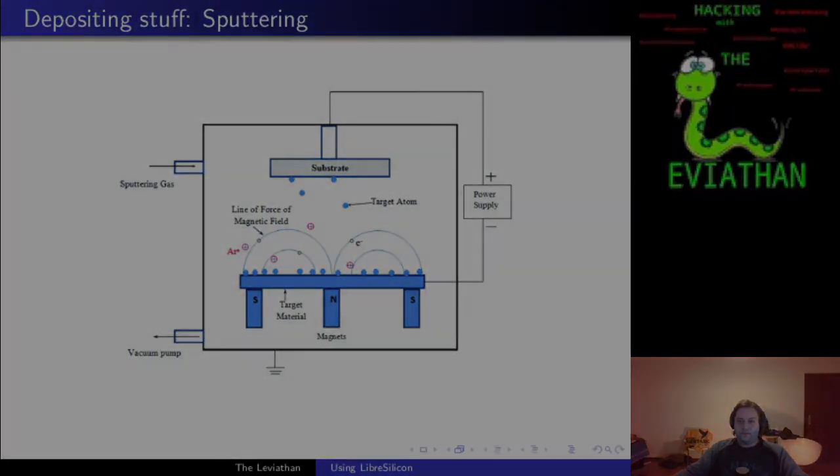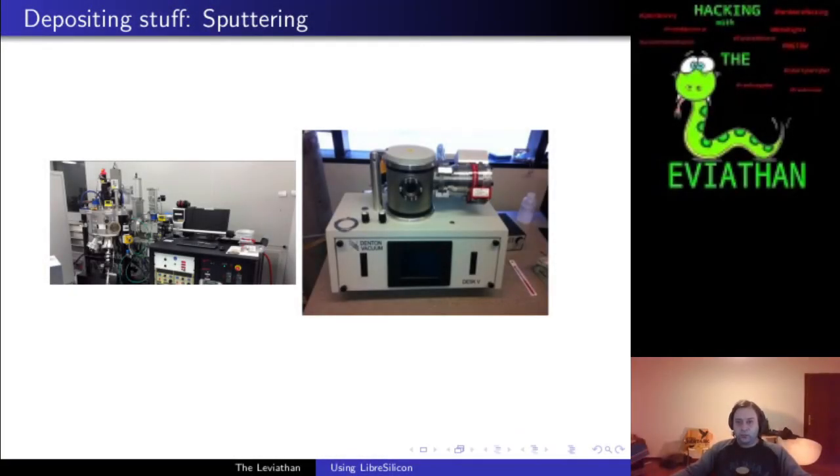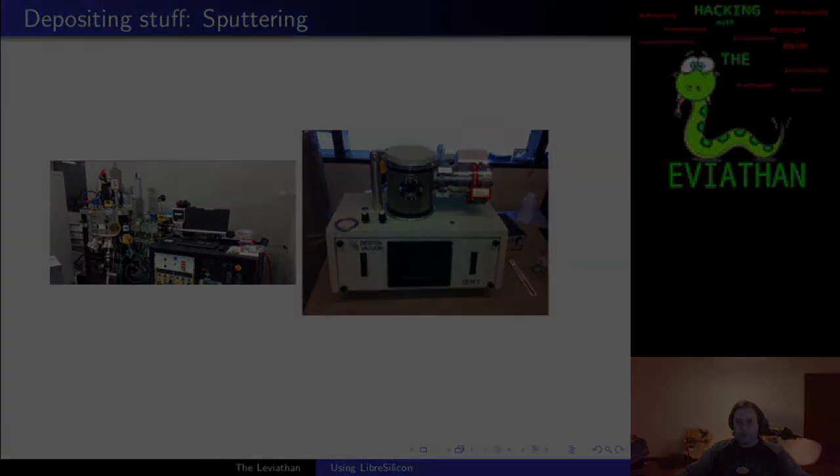Those sparks, that's plasma. In those slides on the left you can see a typical industrial large sputterer, while on the right you can see a low-cost laboratory-friendly variant which is available on Alibaba and other Chinese supplier websites.